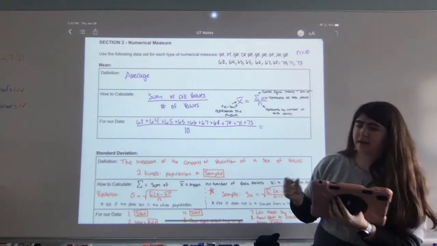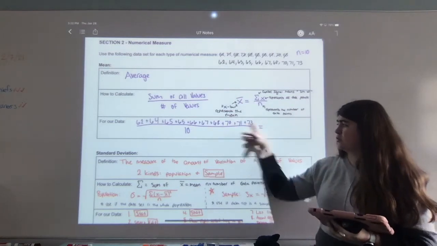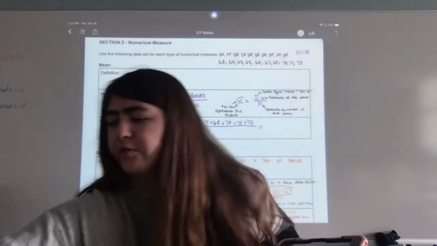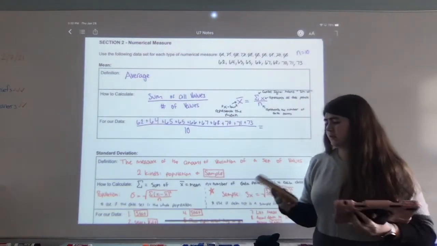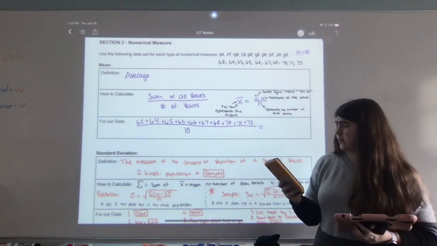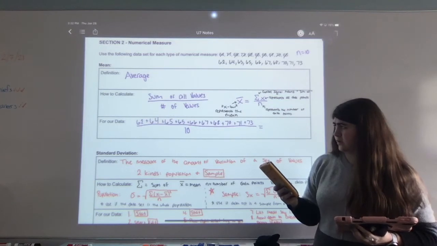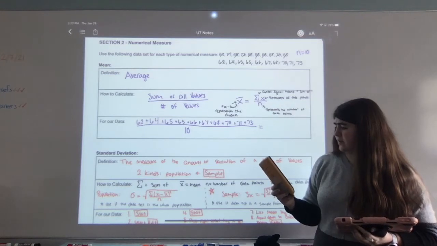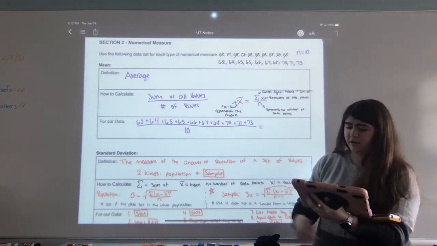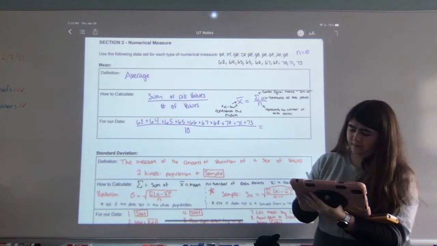I'm going to simplify that fraction. I'm going to write all that addition over, and I'm going to use my calculator for this one to help us go a little quicker. So 62 plus 64 plus 65 plus 65 plus 66 plus 67 plus 68 plus 70 plus 71 plus 73 is equal to 671, divided by 10.